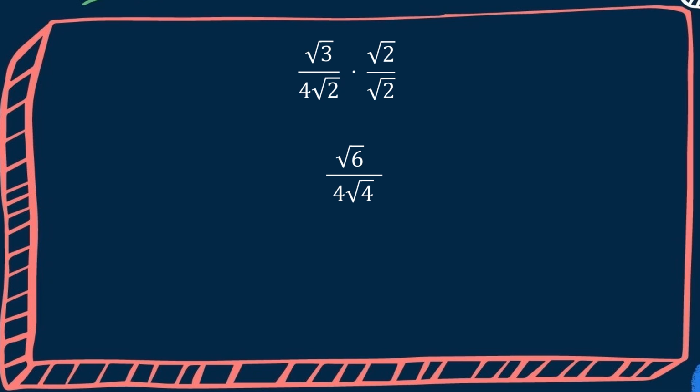We copy our numerator, which is square root of 6, over 4 times square root of 4 will now be written as 4 times 2. 4 times 2 is equal to 8. So the simplified form of the given expression is now equal to square root of 6 over 8.